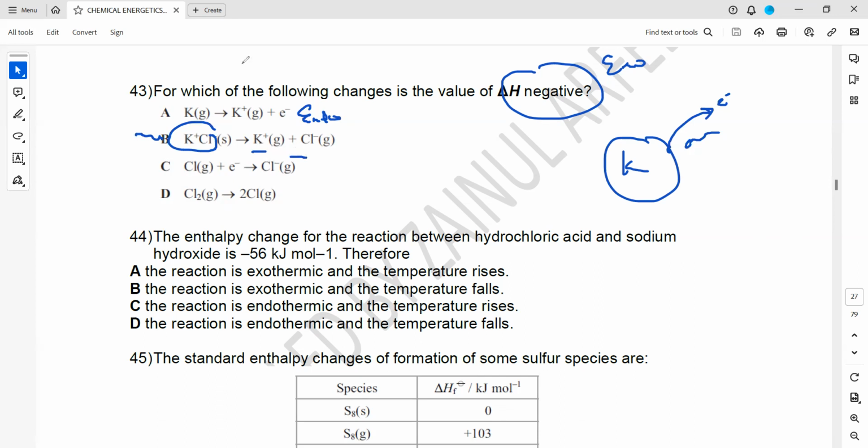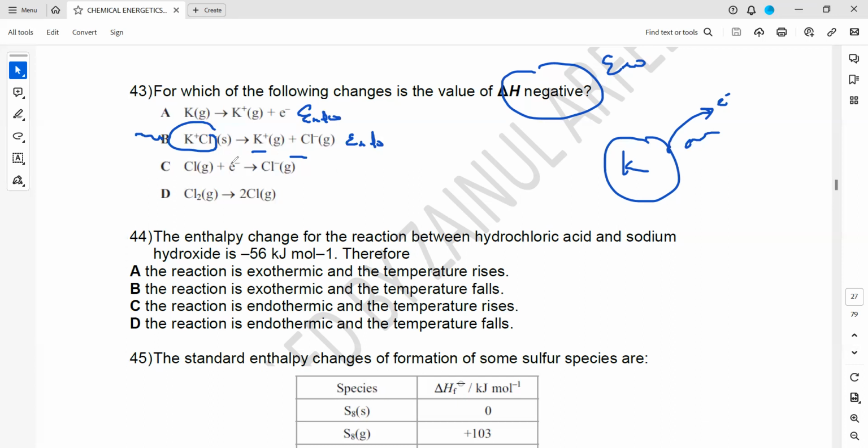So this is also endothermic, because it is the opposite of lattice energy. Lattice energy is when ions in the gaseous state form a compound. In this case, it's the opposite of lattice. Lattice energy is exothermic, so this will be endothermic. It is bond breaking, where you break the attraction. That's why it is also endothermic.